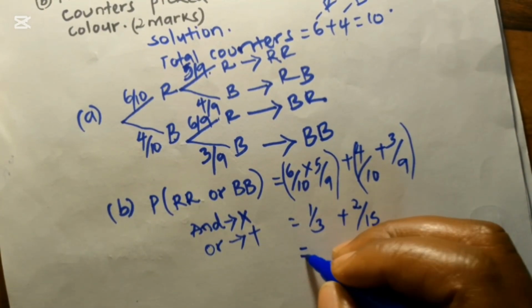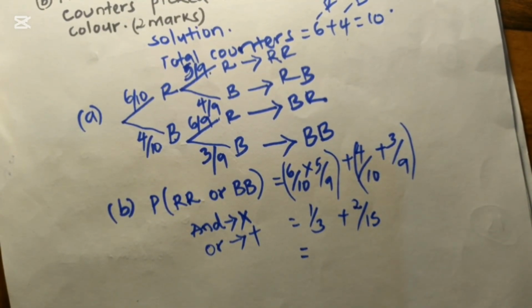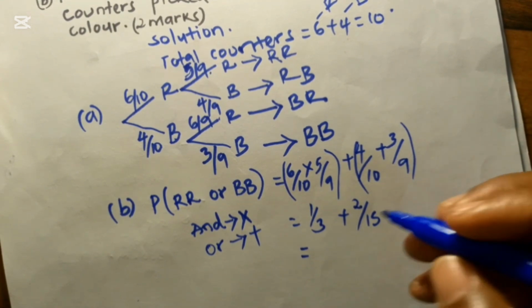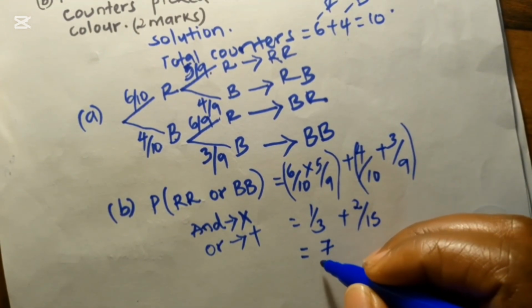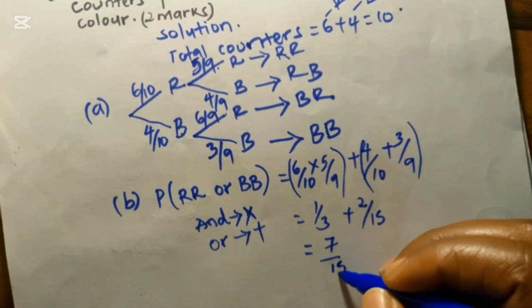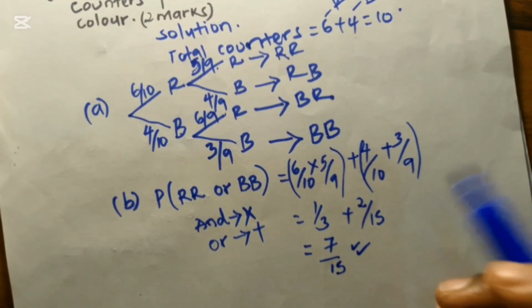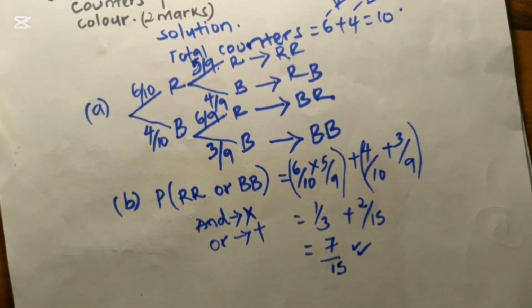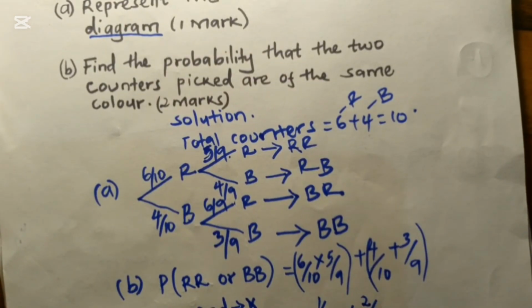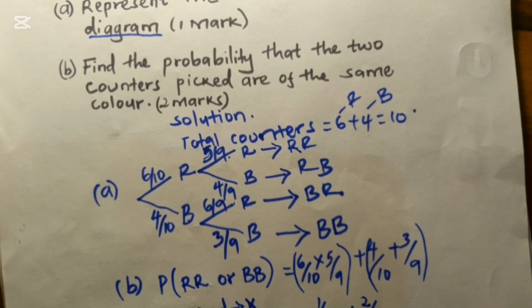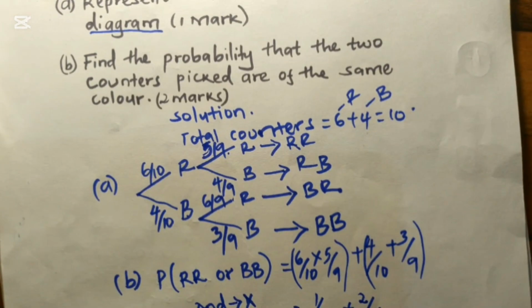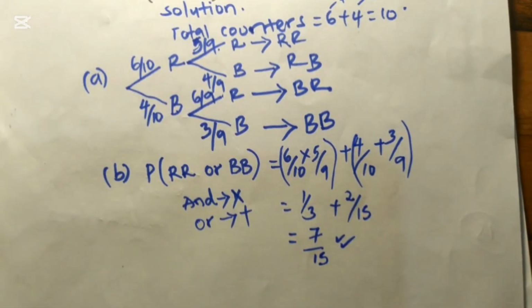And this is 1 over 3 plus 2 over 15, which is equal to 7 over 15. And that is the probability of picking two counters of the same color, or the probability that the two counters picked are of the same color. Yeah, so that is it about that question.